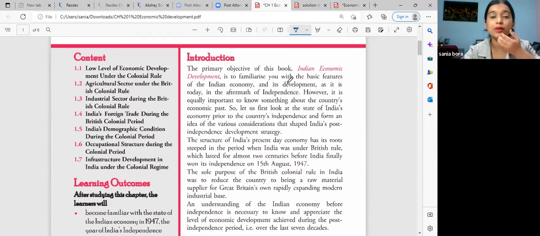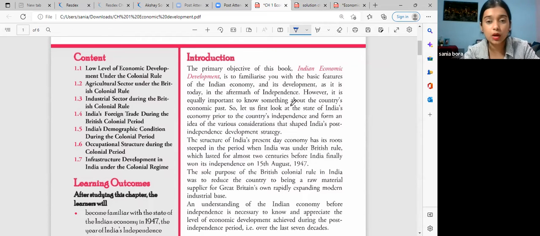Whenever you are under someone, nobody is going to treat you like a king or queen, everybody is going to treat you like a slave. So India's condition was very bad. When we got independence, slowly India started developing. This is what you are going to study.